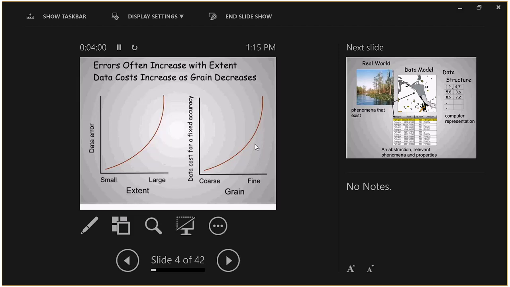The 30-meter elevation data set of the United States I mentioned was collected in the late 90s using the space shuttle. So the space shuttle went up into outer space. They put a boom on the space shuttle, and at the end of the boom there was a radar instrument.